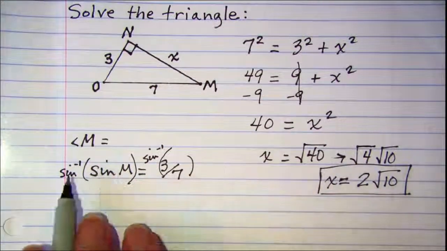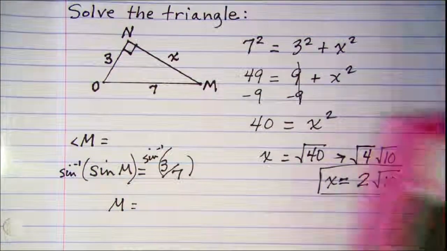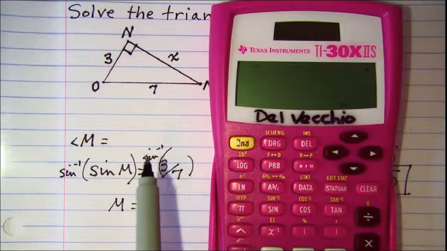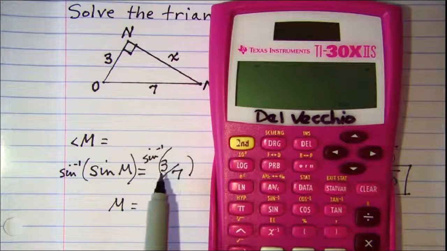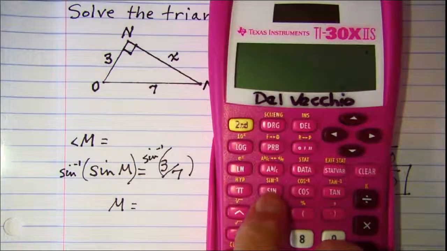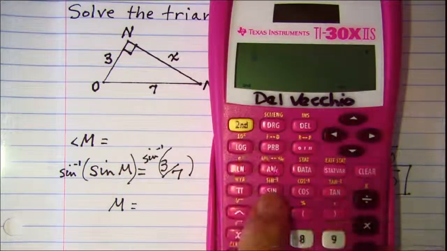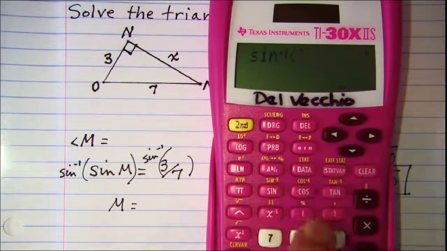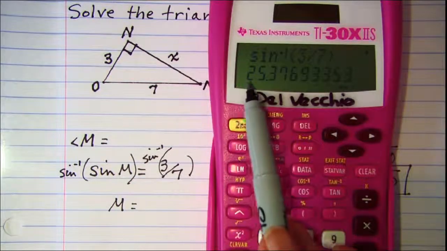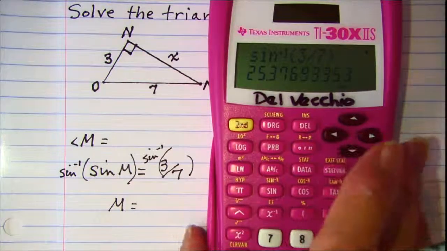Arcsine of the sine, these are inverse operations, so I'll have M here. And then on the calculator, to do arcsine, you're looking for the angle, so you'll take the second button, hit that first, and you'll see a little second show up, and then sine, arcsine, and then 3 divided by 7. So the angle M is 25.38 degrees.